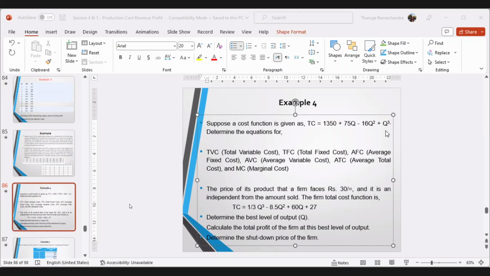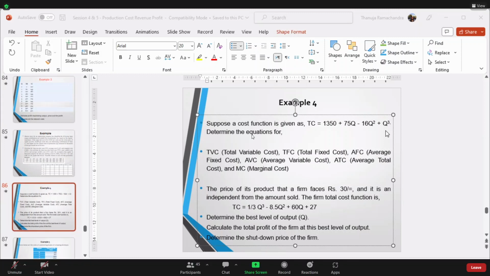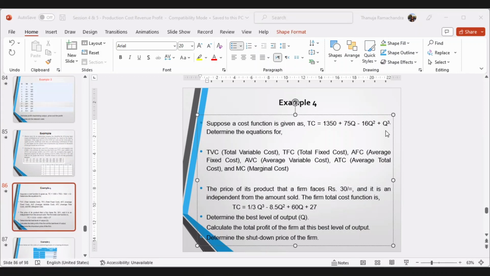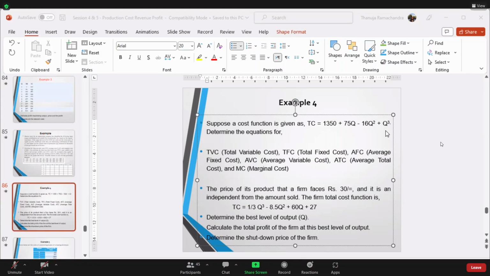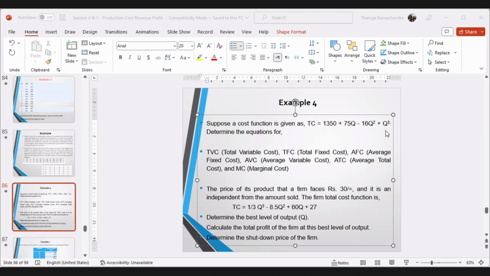Okay, marginal cost: delta TC divided by delta Q. That is mathematically the derivative of total cost with respect to Q, so dTC by dQ, right?